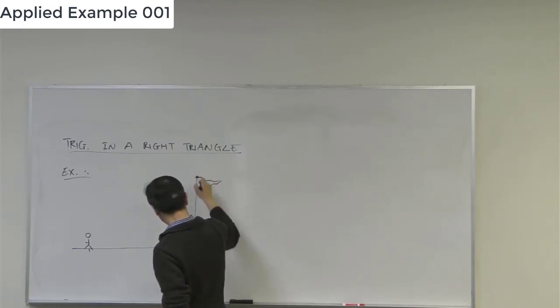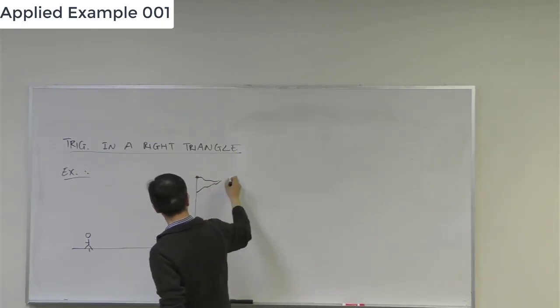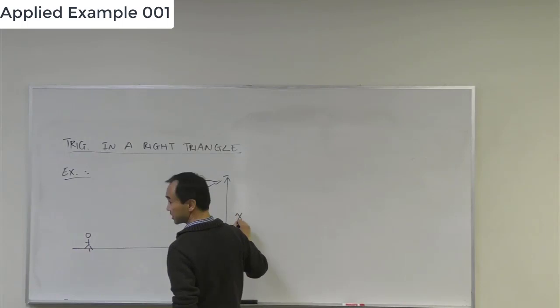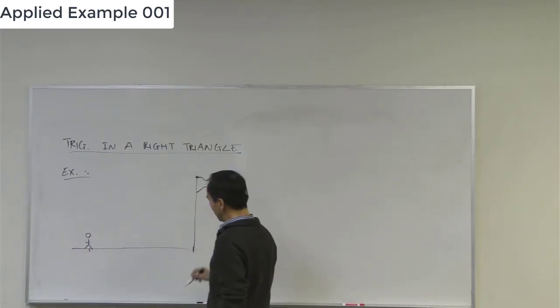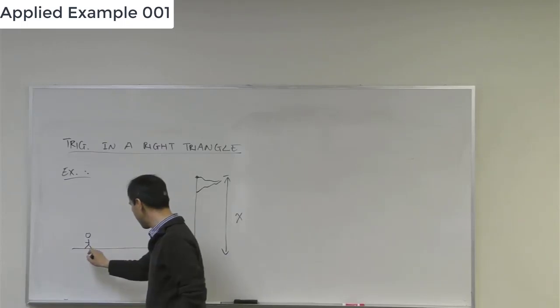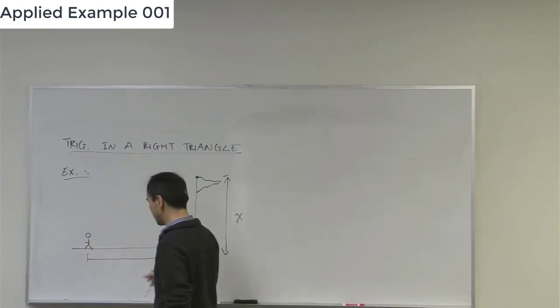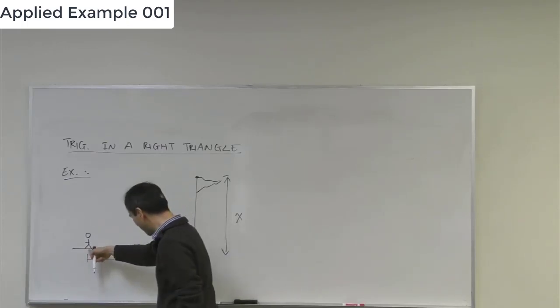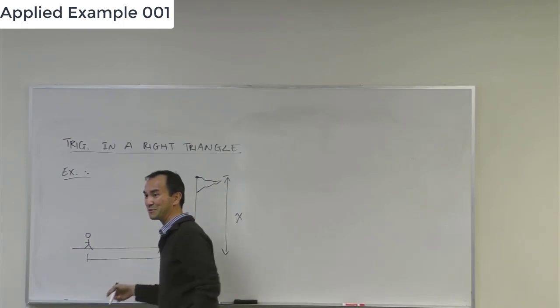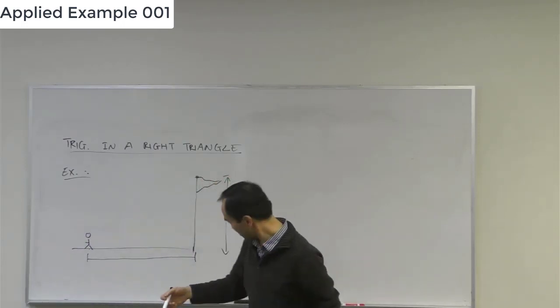There's a flagpole over here with an unknown height. We want to know how high that flagpole is. So we call it the x distance. See what I mean? Okay. And from where the man stands to the foot of the flagpole, that distance is known because we can walk from there to the pole and measure it, right? So you guys want to name a number? Name a number. 10. Okay. 10 feet.